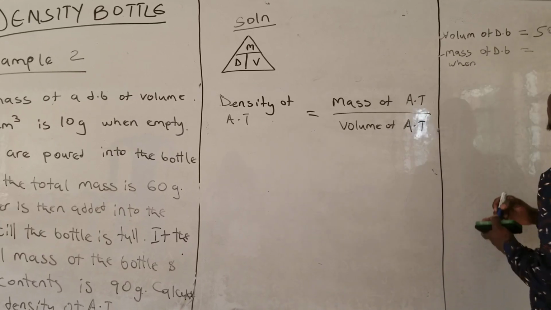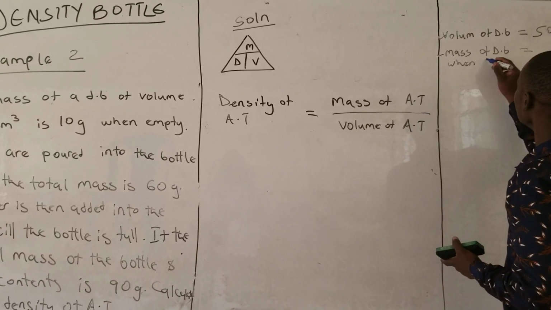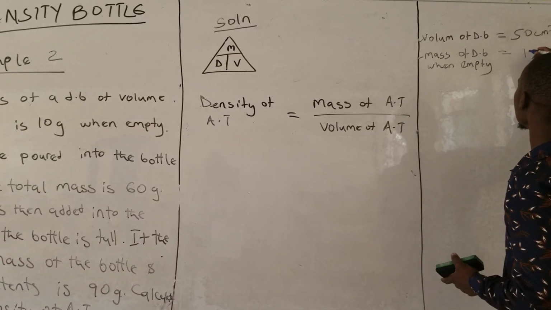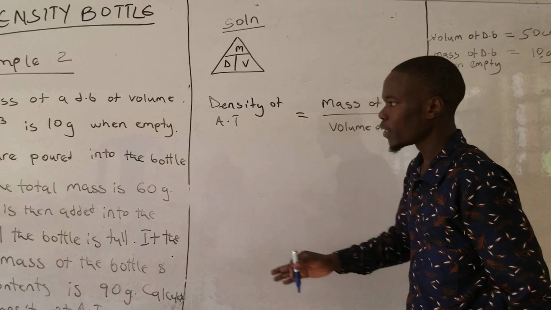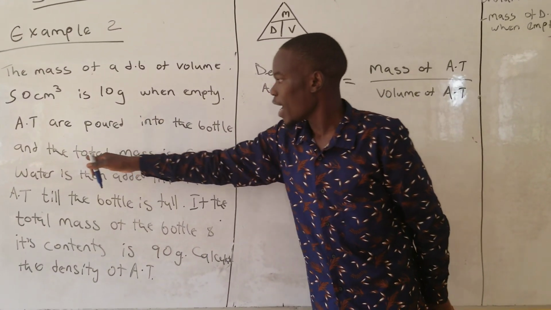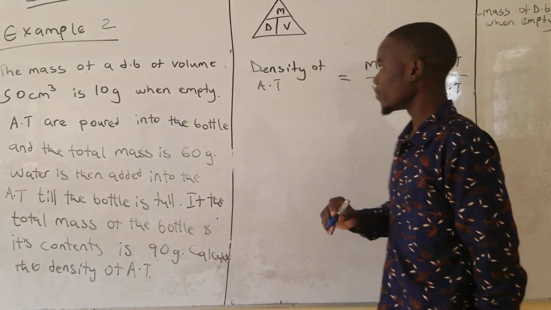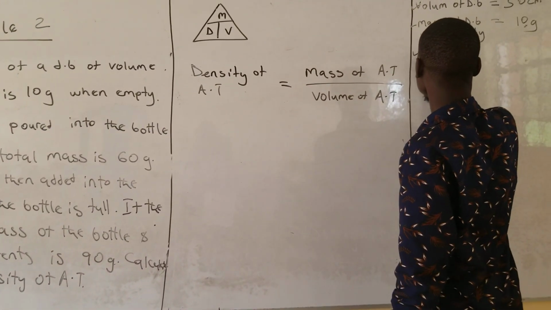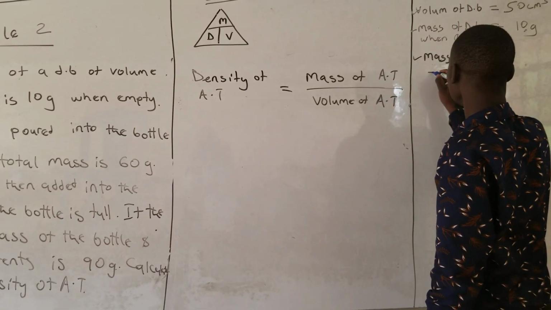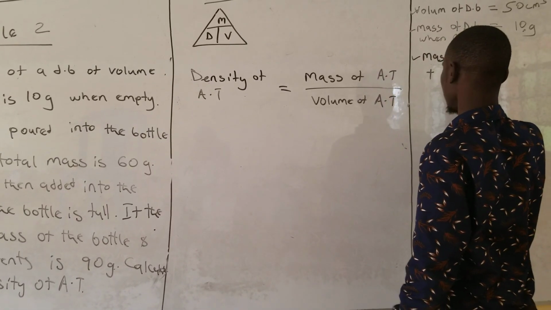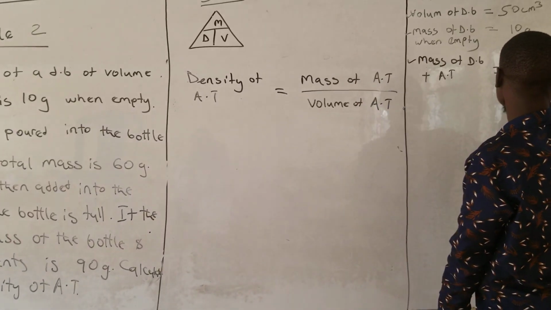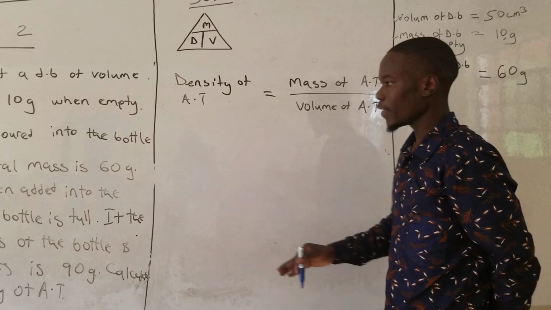The mass of the density bottle when empty is 10 grams. Aluminium tannings are poured into the bottle, and the total mass is 60 grams. So the mass of density bottle plus aluminium tannings, we are told, is 60 grams.